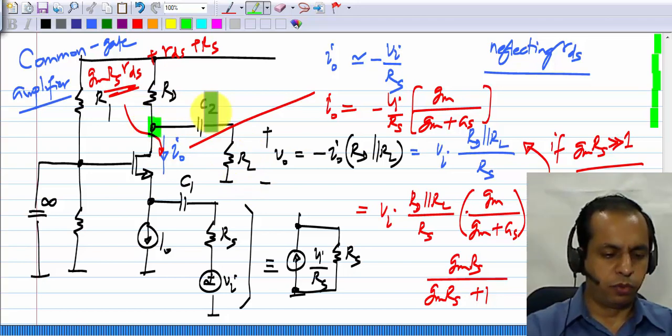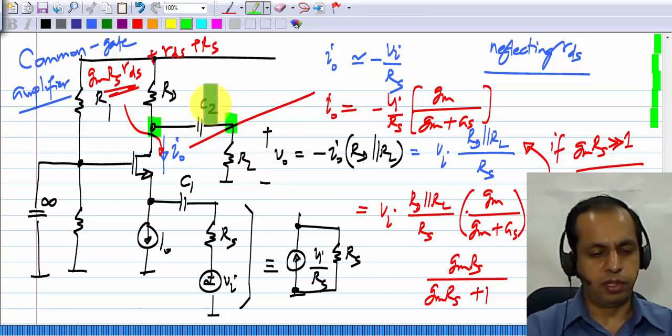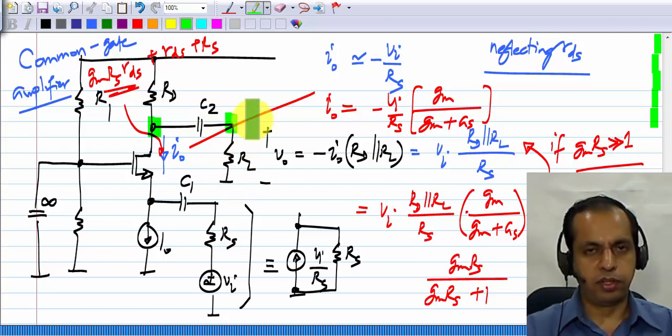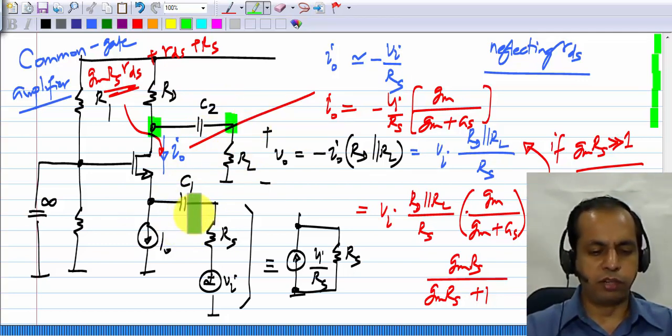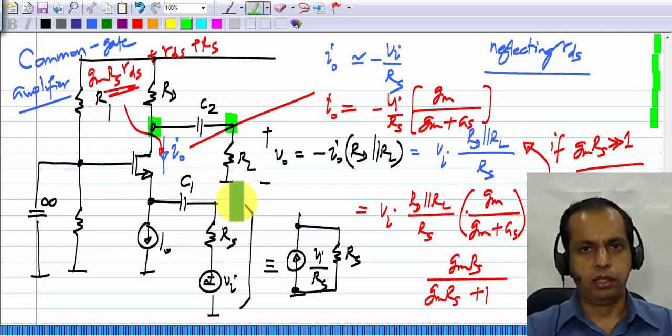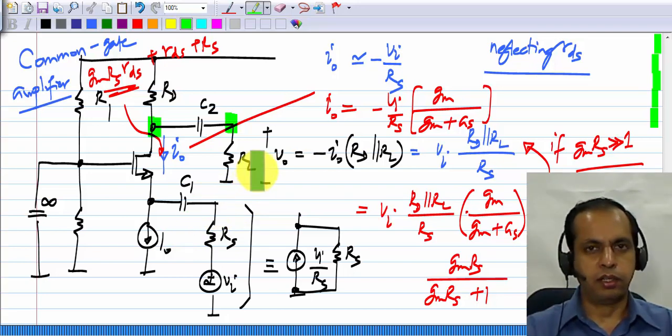But if you want the drain voltage and the output voltage to be nearly the same, then the reactance of C2 must be much smaller than RL by itself. Okay. And similarly, you can calculate it for C1. The reactance of C1 must be much smaller than what appears across it, which is Rs plus 1 by Gm. Okay. So I'm assuming you can calculate these because we have calculated these things in other contexts. Okay. So I'm not going to go through that again.